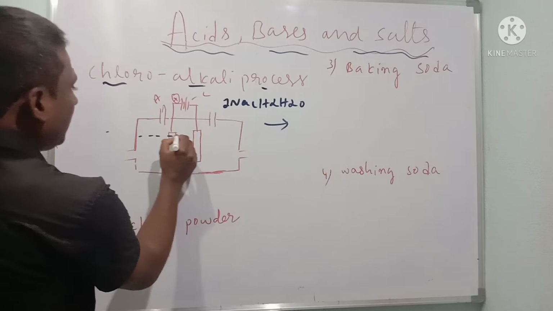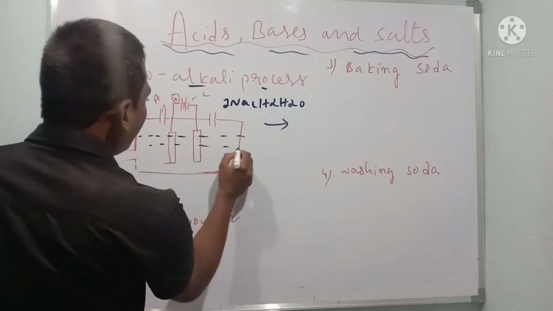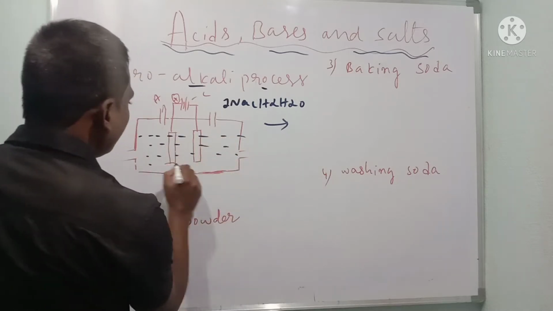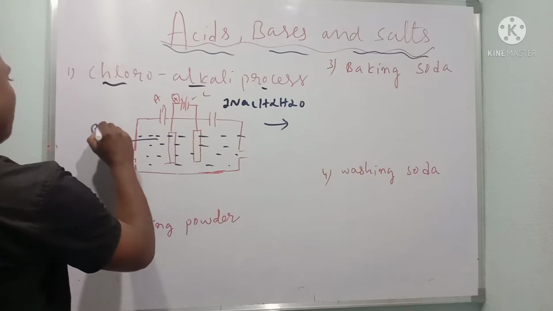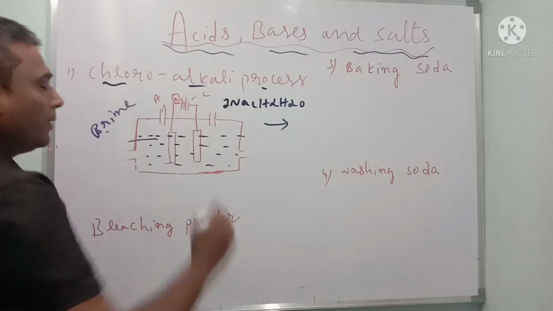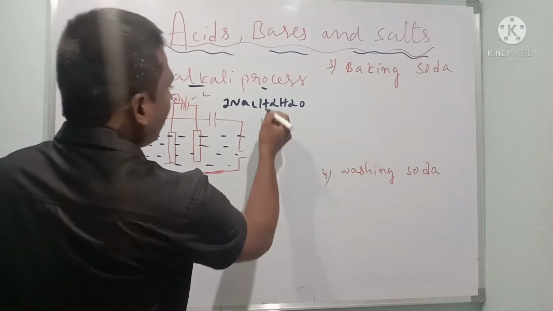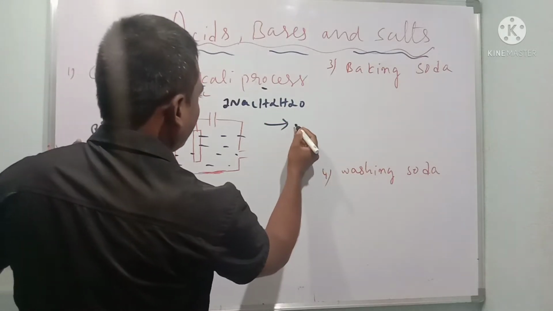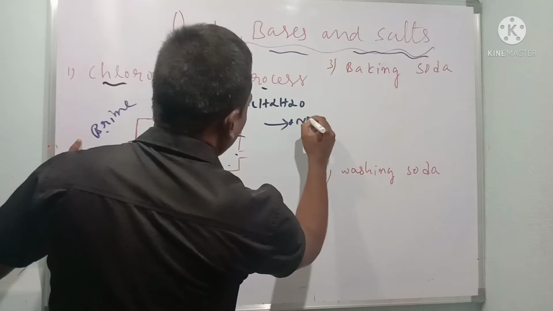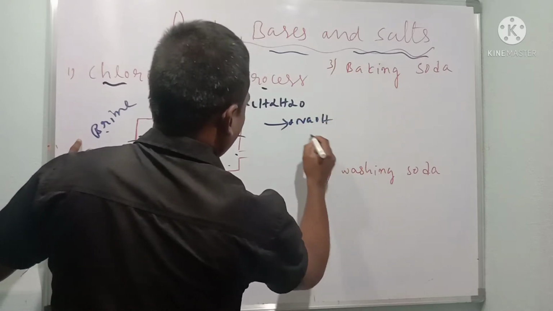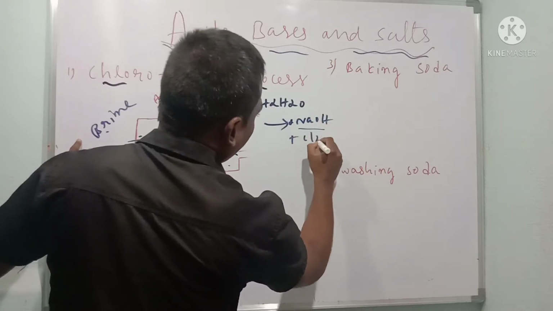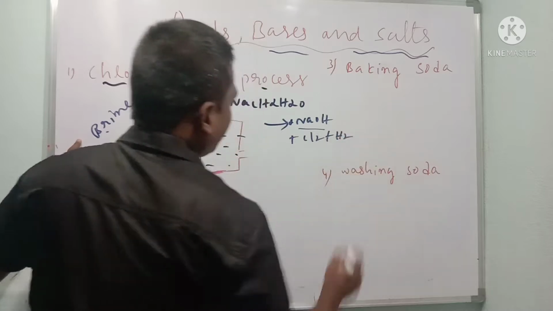We fill a container with water and immerse electrodes, and the solution becomes brine solution. Then after electrolysis it forms sodium hydroxide plus chlorine gas plus hydrogen.